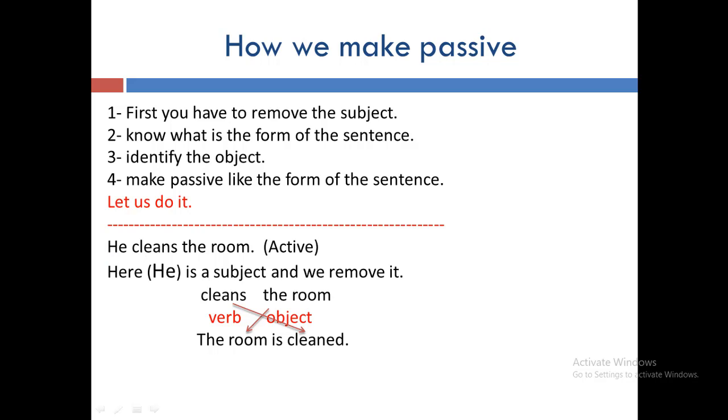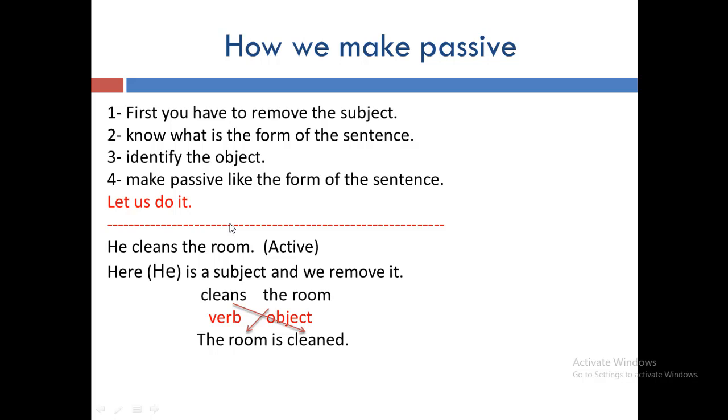So the first point, we will remove it. So then, here, we know if a verb with s, or let's say the base of a verb, follows the subject directly, and then we have an object, we are sure that this is the present simple.